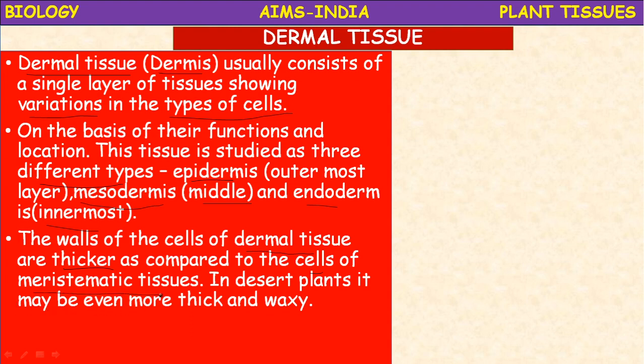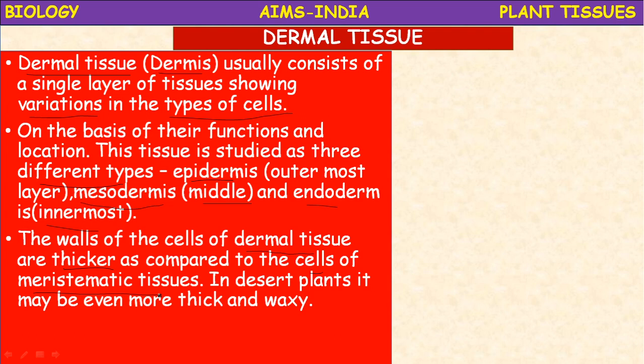Actually, how are this dermal tissue, ground tissue and vascular tissue formed? They are also formed from the meristematic tissue itself. Meristematic tissue is a temporary tissue, whereas dermal tissue, ground tissue and vascular tissues are permanent tissues.